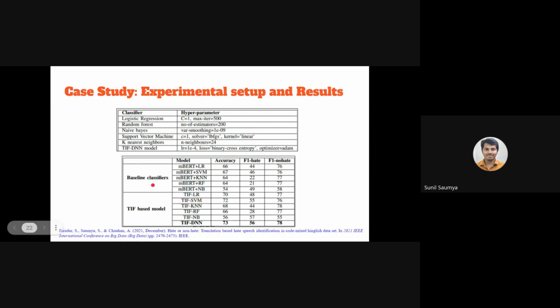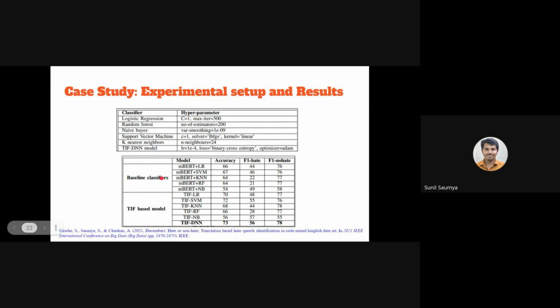This is the baseline result, the first part I'm showing, and this is the translation and transliteration feed forward model. That is the name we gave our model, because it does transliteration and translation followed by feature extraction, so it was named TIF.